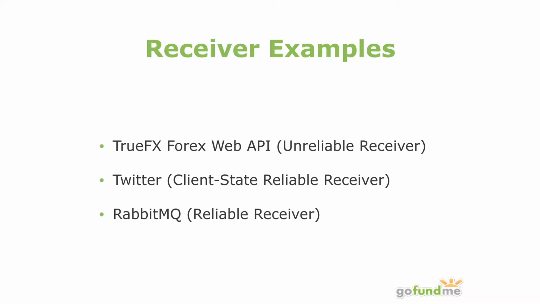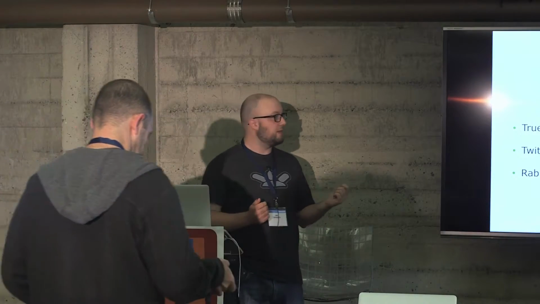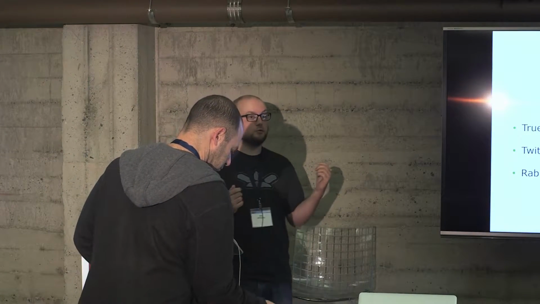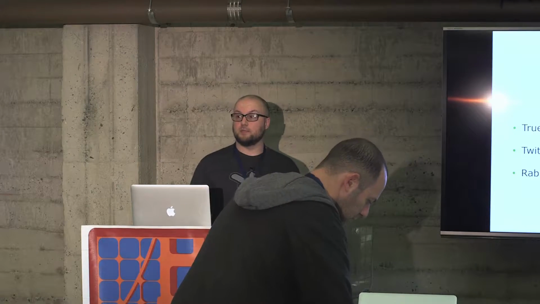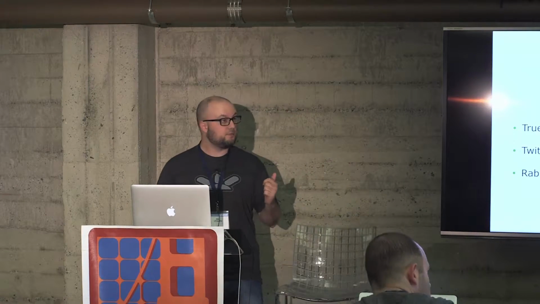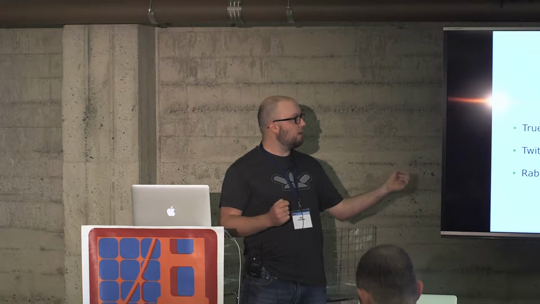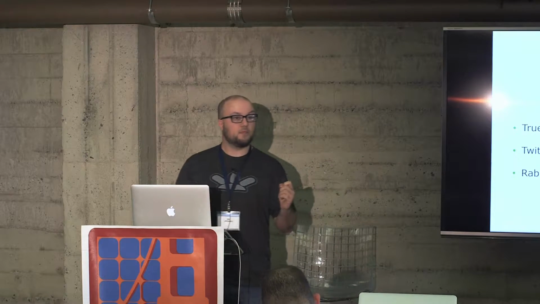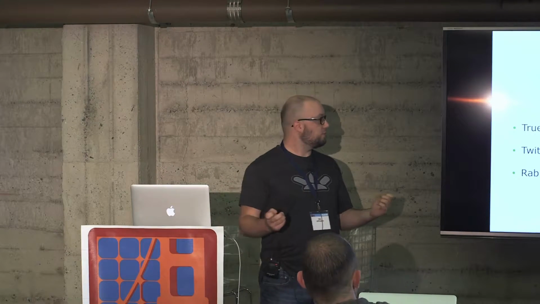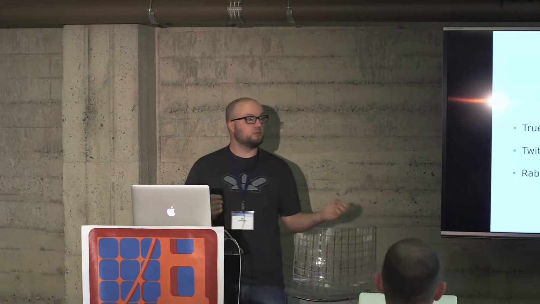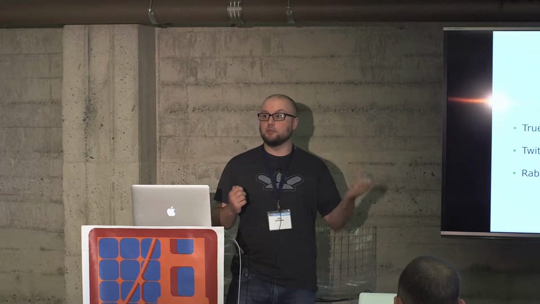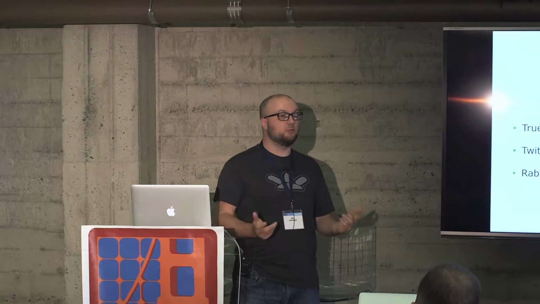So I'm going to go through 3 relatively simple examples of receivers. The first one is a very simple financial web API. It gives you foreign exchange data, basically euros to dollars, pounds to dollars. Then I'll do a quick demo with Twitter, how to build your own stream from Twitter, and just an honorable mention for a queue system, which is kind of a classic place where we build reliable receivers.